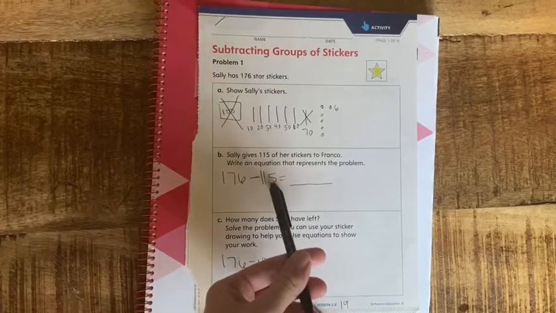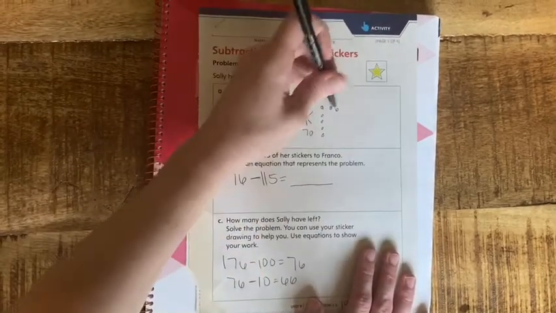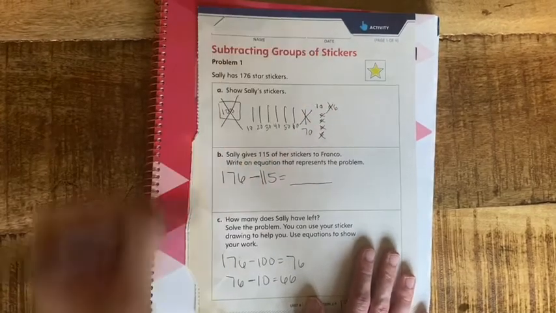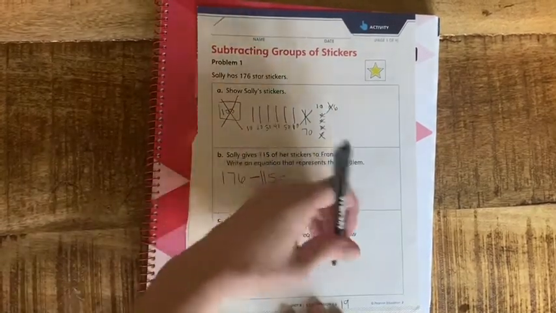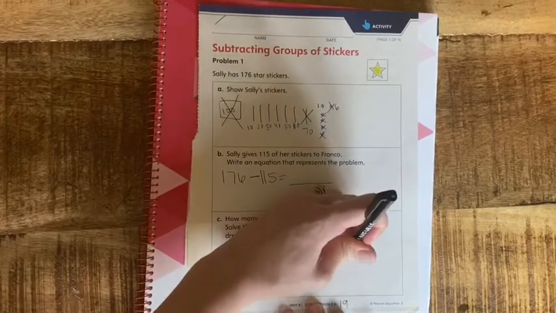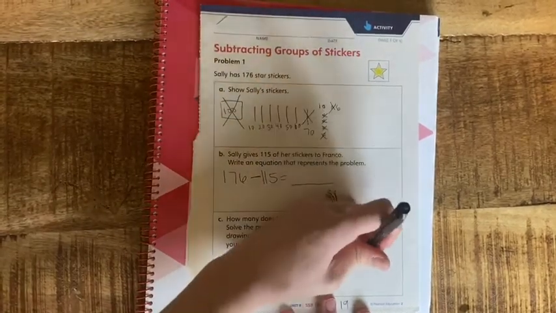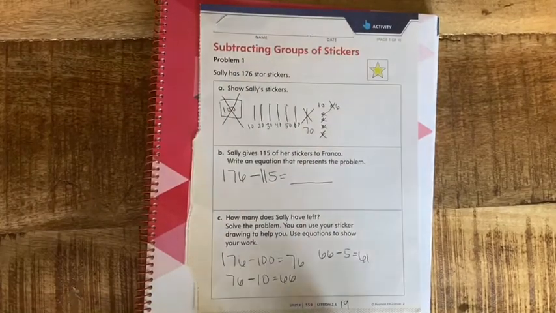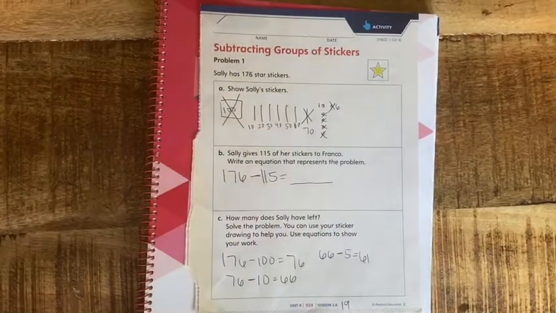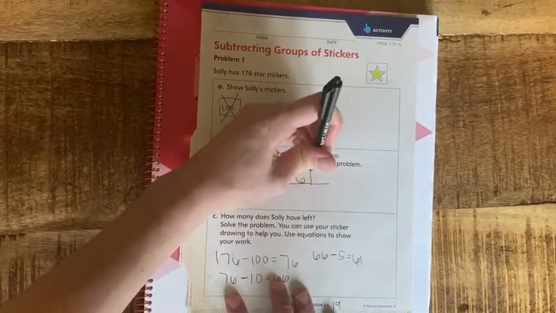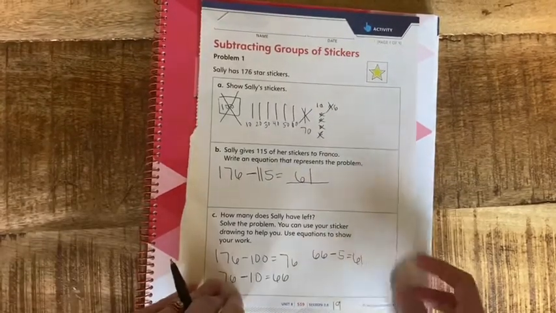And last thing, we need to take away 5. 1, 2, 3, 4, 5. So we are just left with 1. So we had 66, and then we took away 5, and we are left with 61. So that's one way you could use equations to help you and your stickers. Oh, and I should put in my blank, Sally is left with 61.